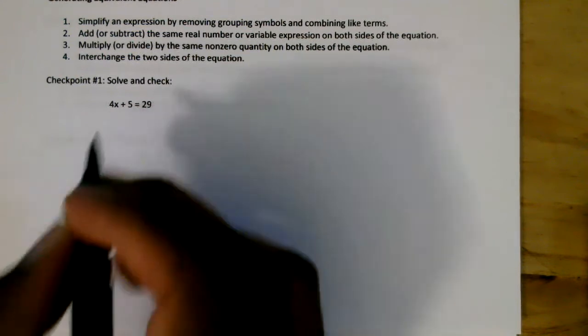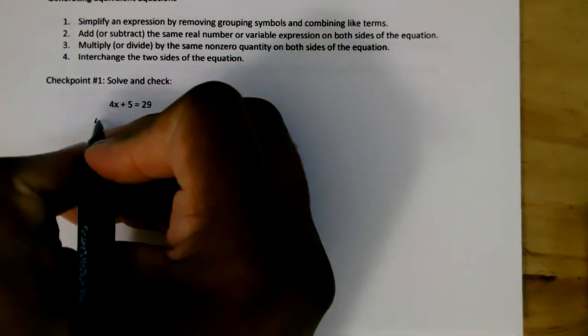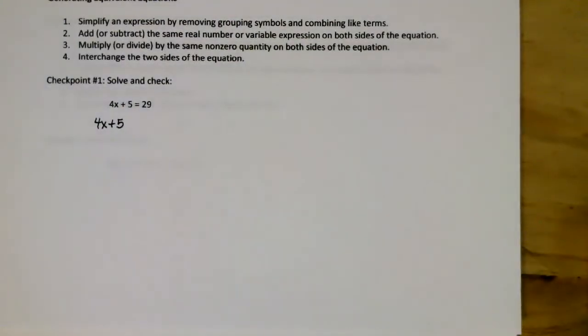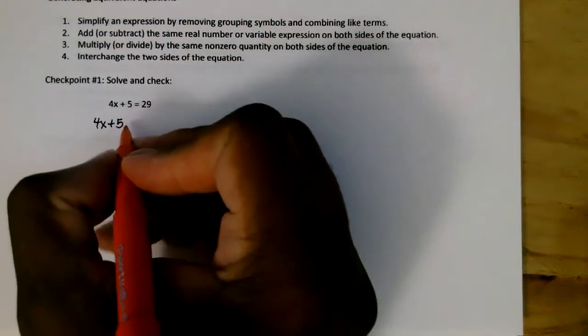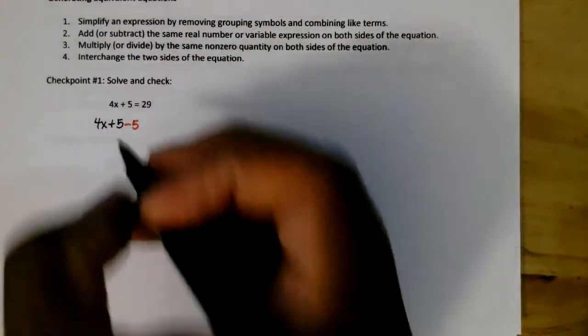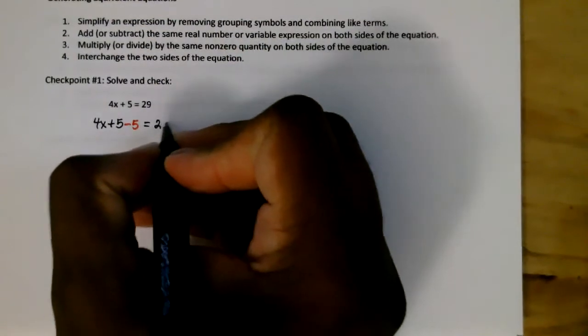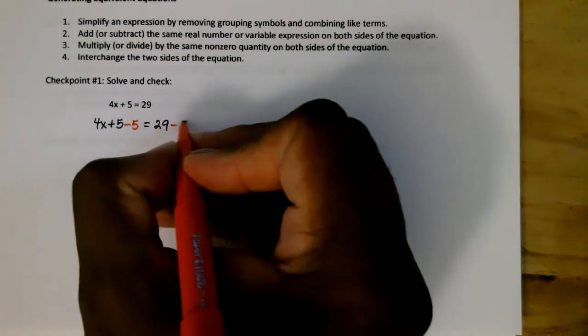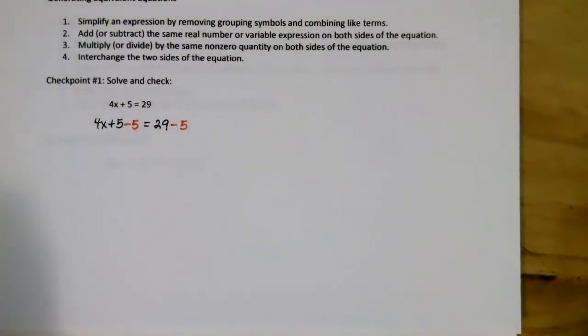We're adding 5, so the opposite is to subtract 5 on the left side. And if I subtract 5 on the left side, I also need to subtract 5 on the right side of that equation.